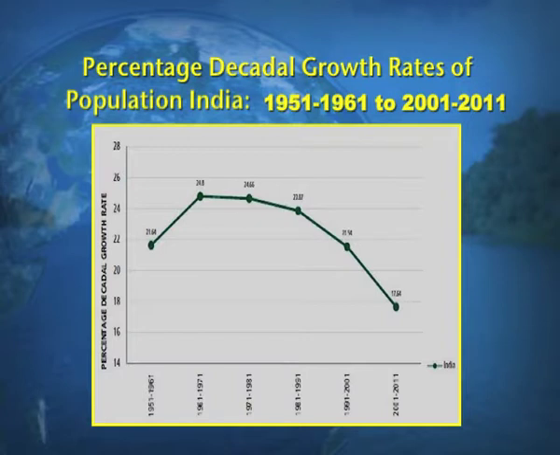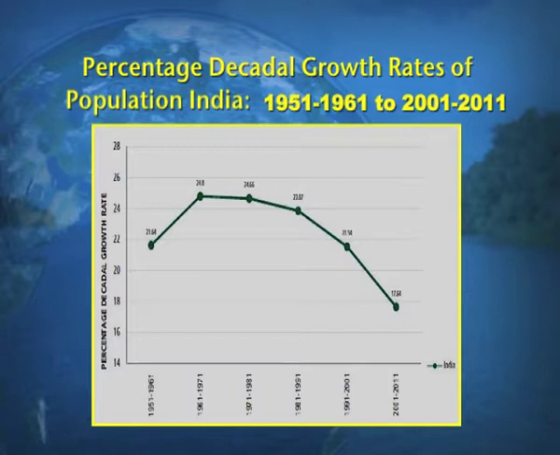In 1961 and 71, in the previous decade, that is 51 to 61, there was a rise in the percentage of growth of population, from 21% to 24.8%. The diagram is self-explanatory, as the curve is rising up.